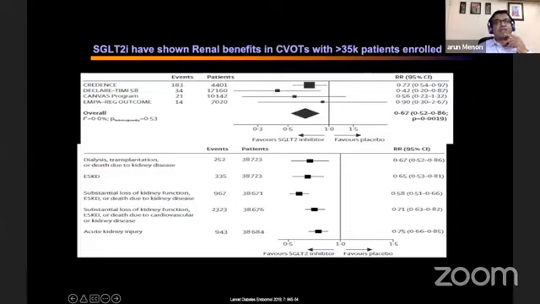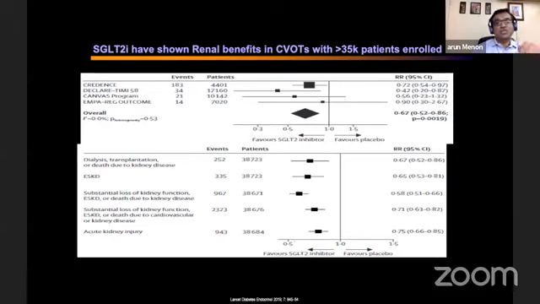Initially there was a concern that because they act renally, maybe they may not work in people with CKD. It's true, it doesn't work in terms of glycemic reduction. So if you want significant reduction in glucose, it may not be of much use when the eGFR is less than 30. However, even in those patients, there is a renal benefit and a cardiac benefit when you use these agents.